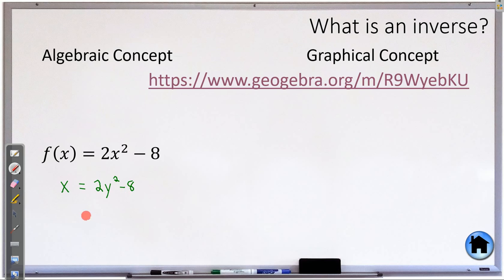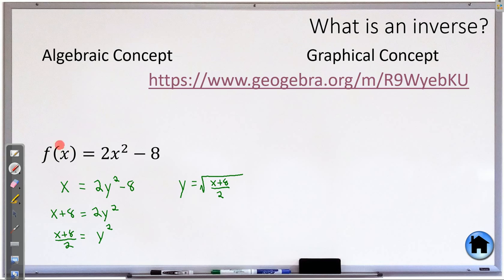So add 8. And then it looks like we're going to divide by 2. And then it looks like we're going to have to square root both sides. So we're left with y is equal to the square root of x plus 8 over 2.